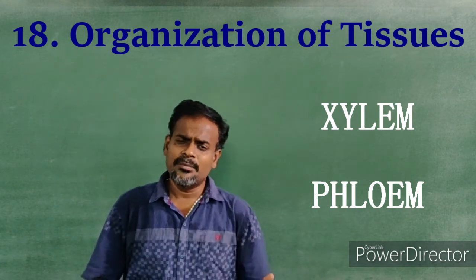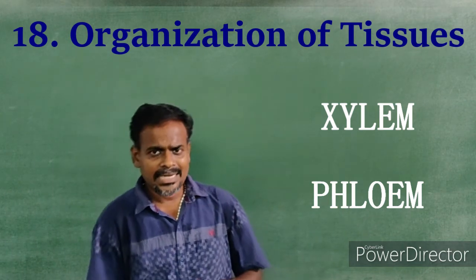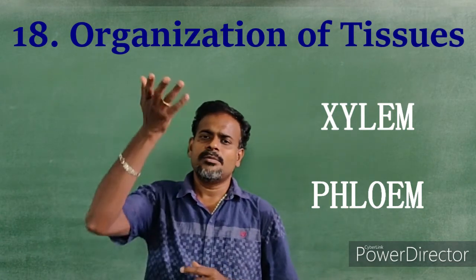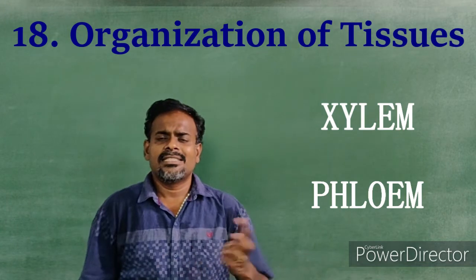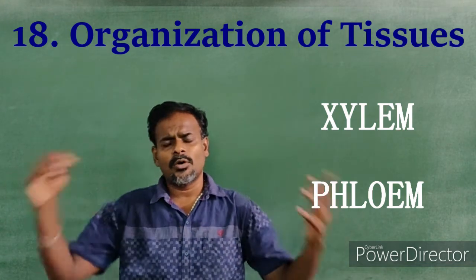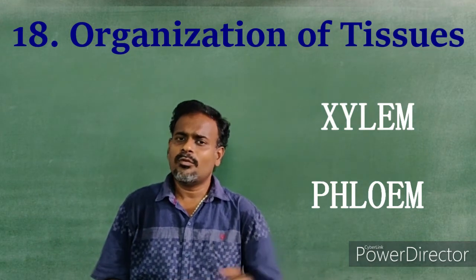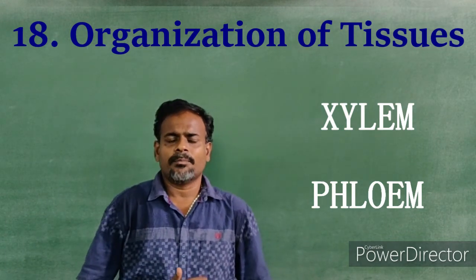That is, xylem tissues are involved in the transportation of water from the root system towards the shoot system, which is absorbed by the root hairs. Similarly, the food that is produced in the leaves is transported to all parts of the body through the phloem tissues. That is, starch is transported through phloem.